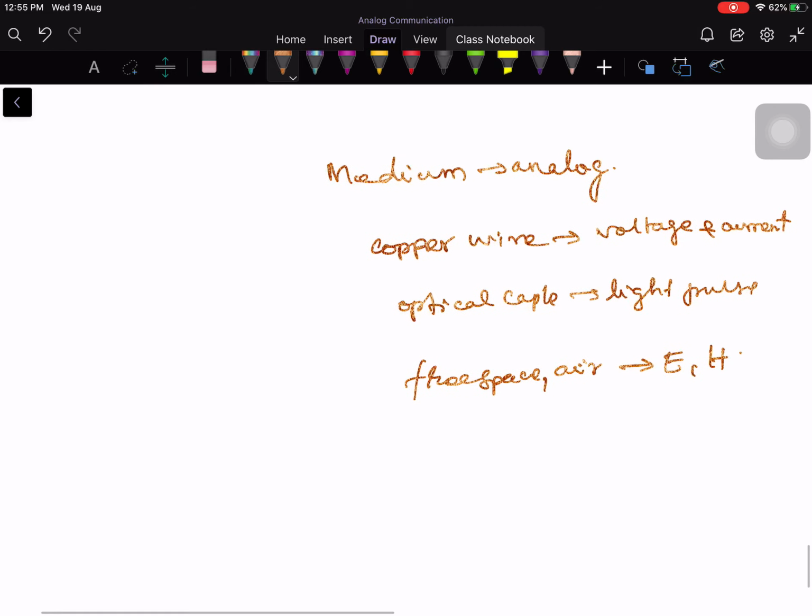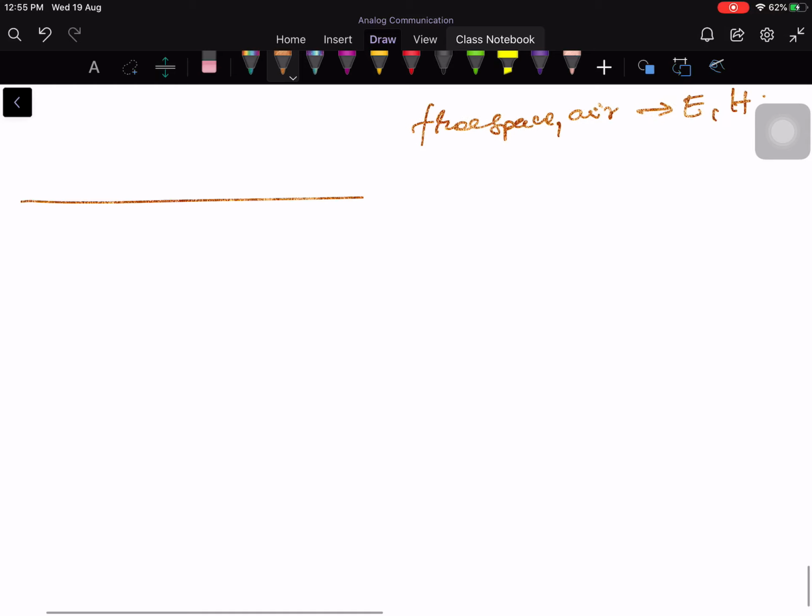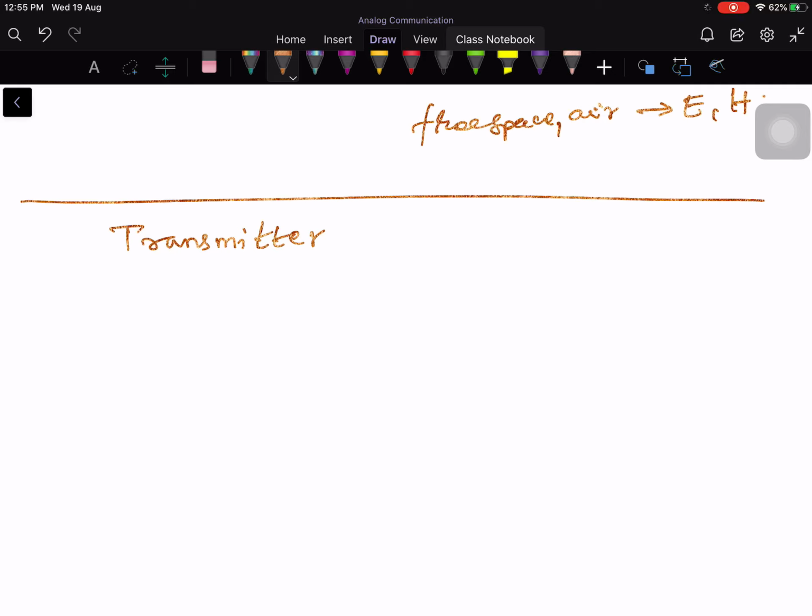Okay, and the next block is the transmitter. Now let us discuss in a little more detail the issue of the transmitter. As I said in the previous lecture, the job of the transmitter is to modify the message signal such that it can travel a long distance.